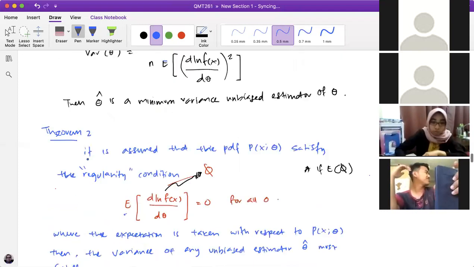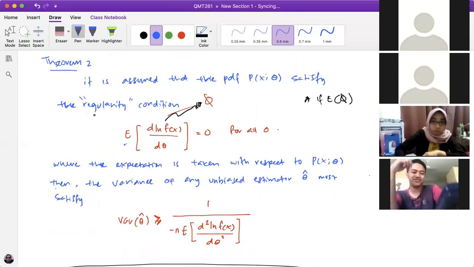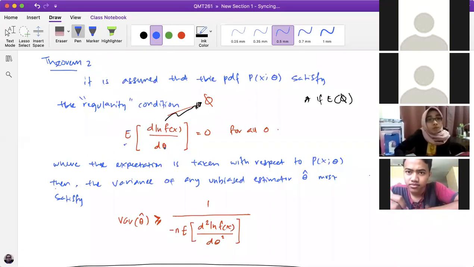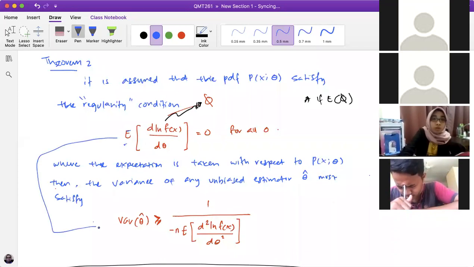Theorem number 2: it is assumed that the PDF of x satisfies the regularity condition. Let's say we look at the expected value of the derivative of ln f(x) with respect to theta being equal to 0. When this expected value is equal to 0, then you use this formula: the variance of theta hat is more than or equal to 1 divided by negative n times the expected value of the second derivative of ln f(x).